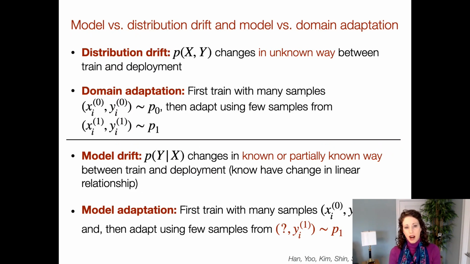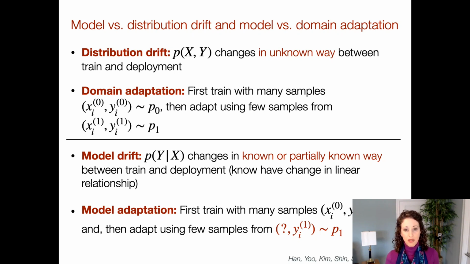Now at this point, I'd like to highlight the difference between what we're talking about here with model drift and model adaptation and terms you might have already heard of related to distribution drift and domain adaptation. With distribution drift, we've got some underlying probability distribution of our images and data.